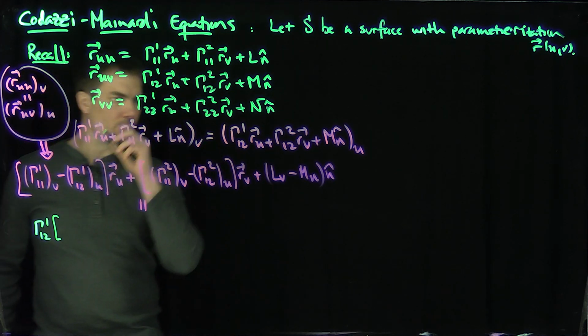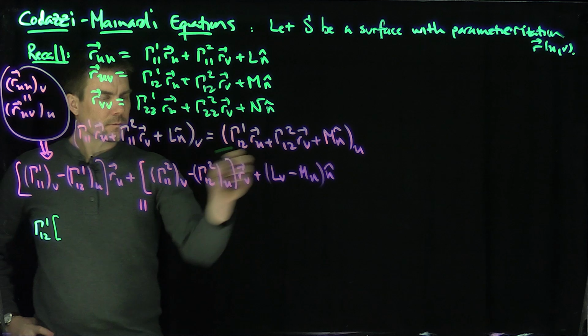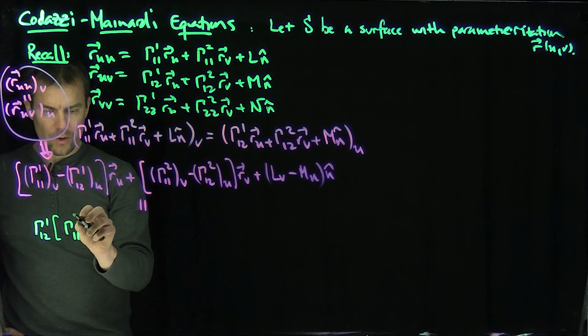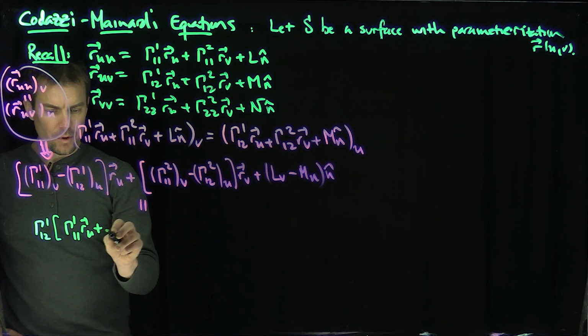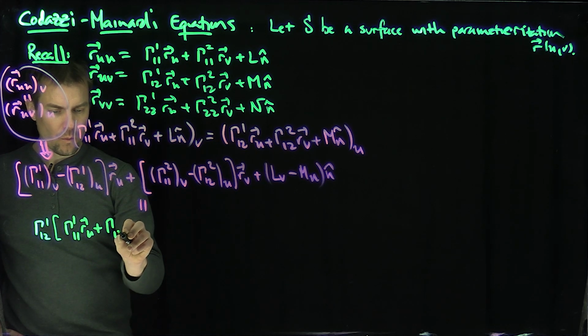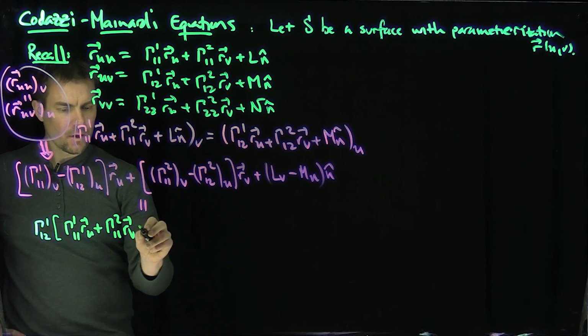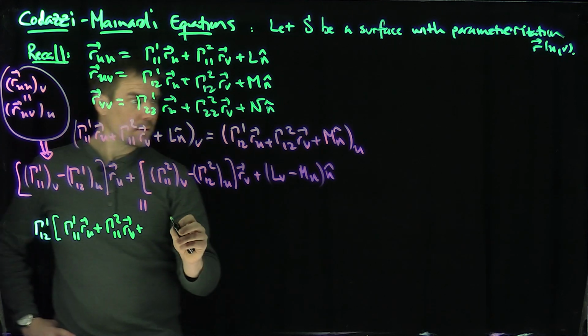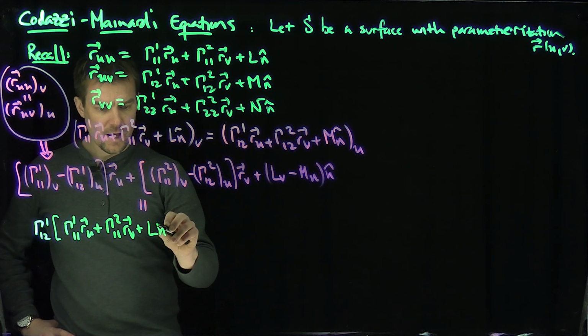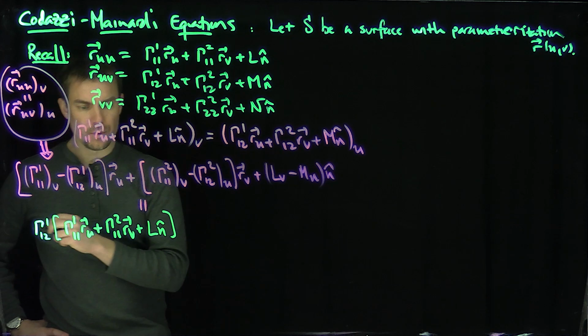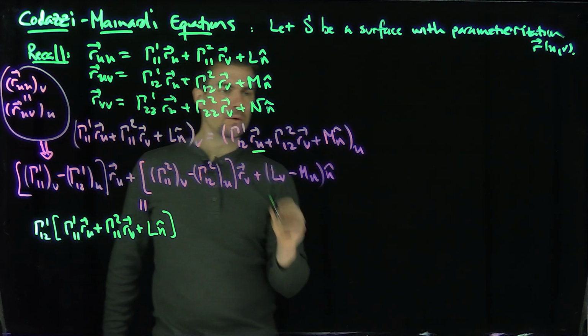But what is R_UU? R_UU is gamma 1,1,1 R_U plus gamma 1,1,2 R_V plus L times n hat, like that. Beautiful. That was my R_UU.